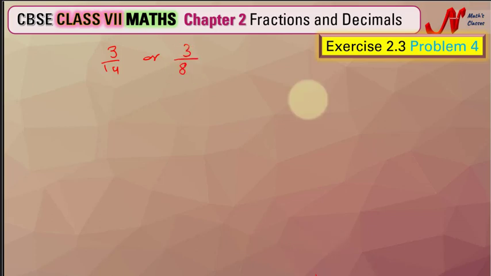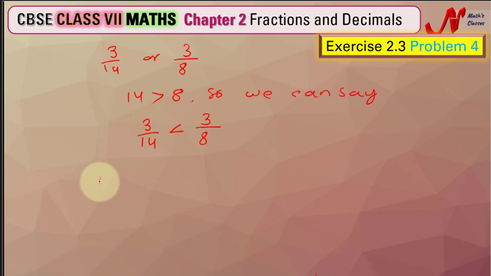So we compare the denominators. Denominator 14 is greater than 8. So we can say the fraction 3 by 14 is less than 3 by 8. That is, 2 by 7 of 3 by 4 is less than 3 by 5 of 5 by 8.